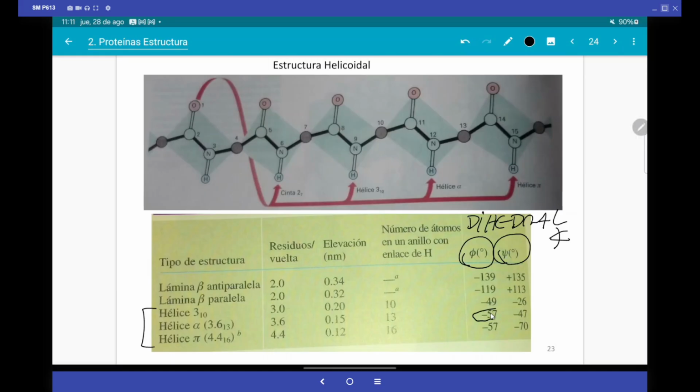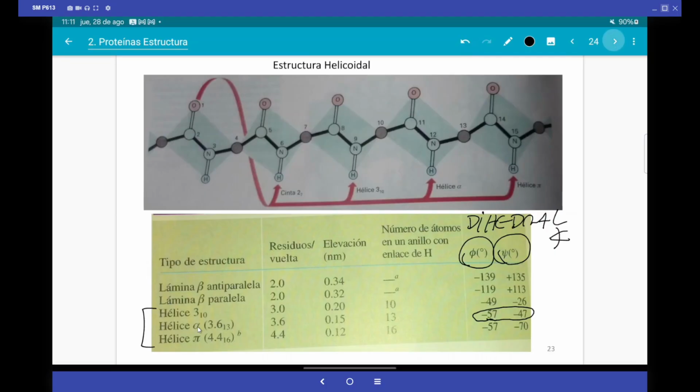When one is studying the structure of a protein, many times from crystallography, what one obtains, before saying the structure, are those numbers. If those numbers are present, one concludes that the secondary structure present is an alpha helix, or of another type. Okay, so with the numbers, we can know what secondary structure we have.